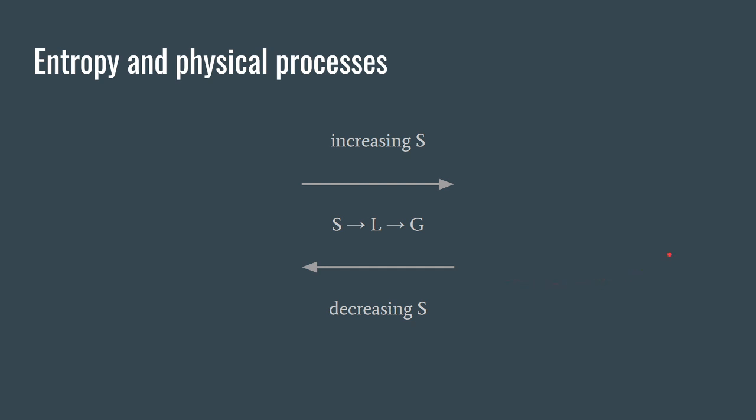So in terms of physical processes, remember entropy is about freedom. So, entropy increases going from solid to liquid to gas. In the solid, the particles are locked in place. They can't move around. They can't do very much.